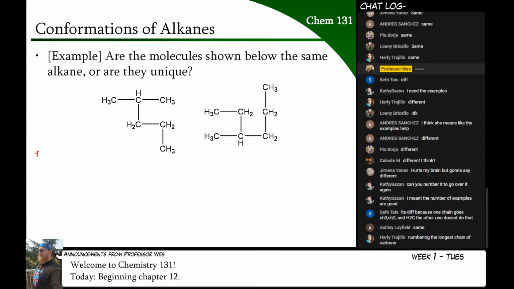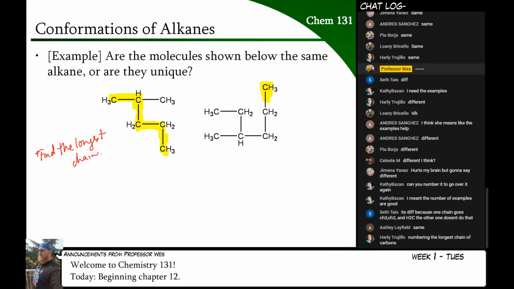All right, so here's our hint. Find the longest chain. What's the longest chain on the left? I'm going to say that it's this one. 1, 2, 3, 4, 5. What's the longest chain on the right?